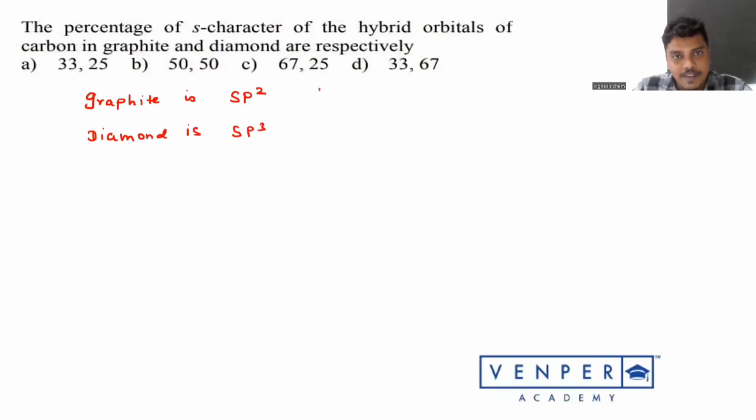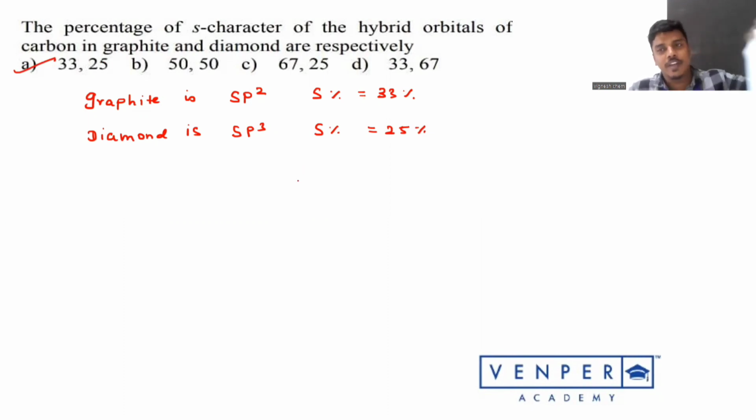The percentage of S character for sp2 is 33%, and for sp3 the percentage of S character is 25%. Therefore, option A is correct. The percentage of S character in graphite is 33%, and in diamond it is 25%.